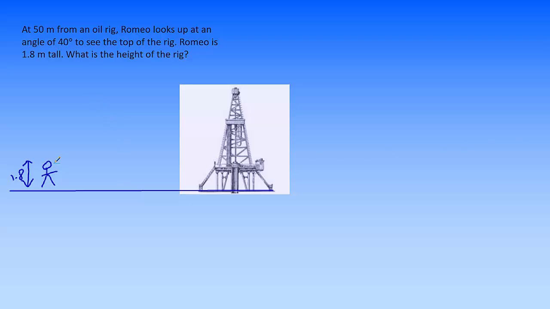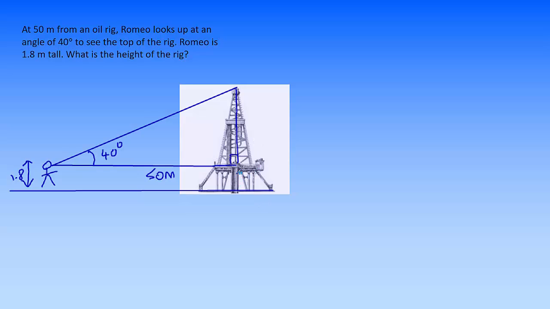So if I put another line here parallel with Romeo's head, and then he looks up at the top there like so, and he's looked up at 40 degrees, and we want the height here, and we're told that this is 50 meters. He's 50 meters from the rig.